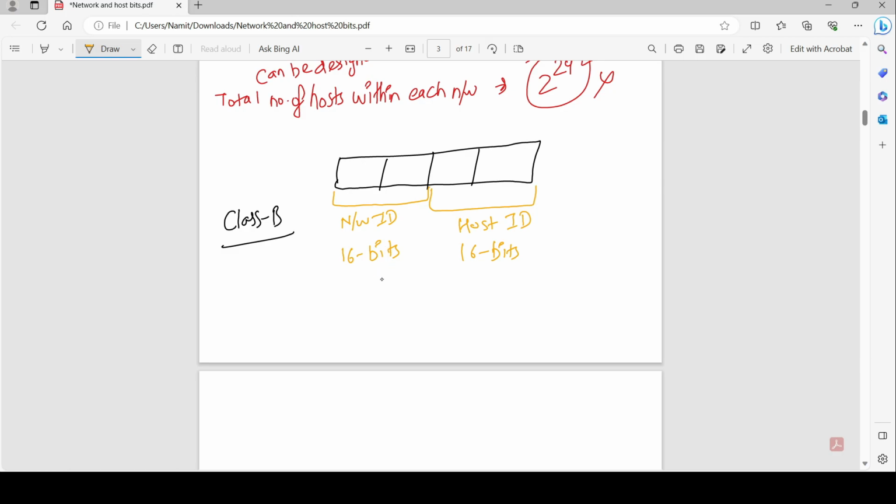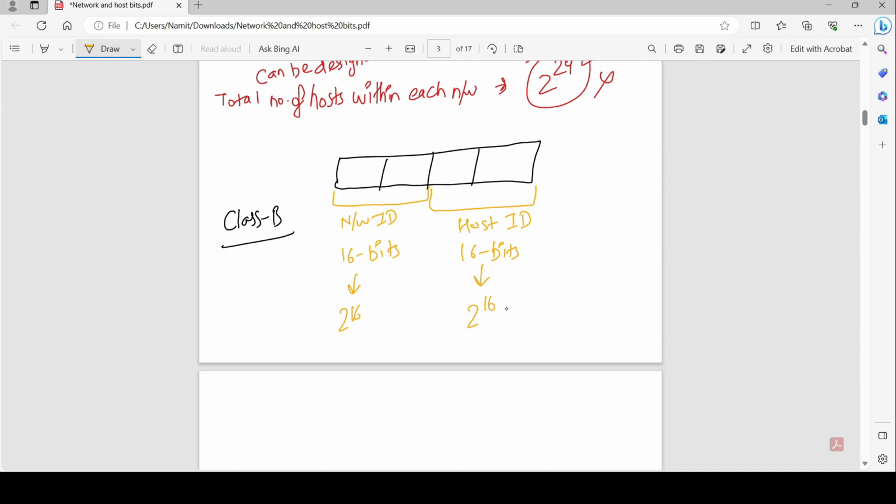They introduced this type because we were not having that many networks with class A. So over here the number of networks for class B would be 2 raised to power 16 and the number of hosts within a particular network would be 2 raised to power 16 as well.